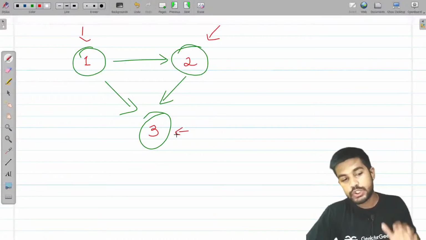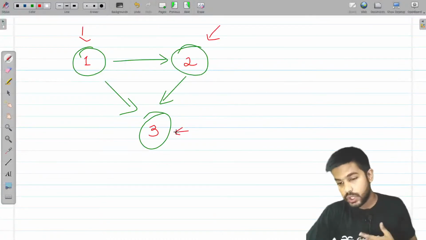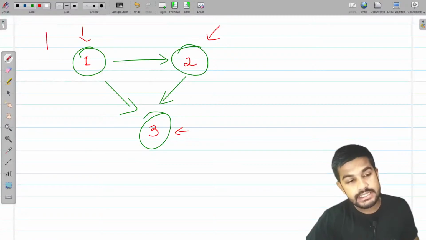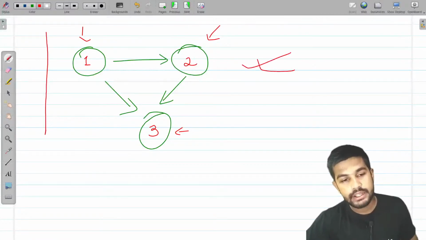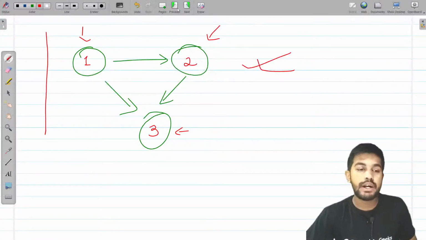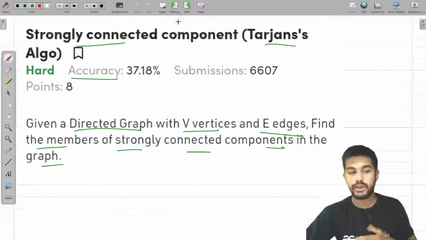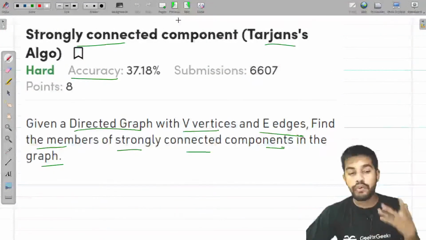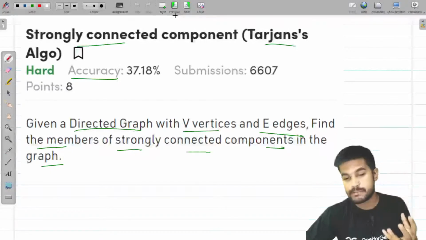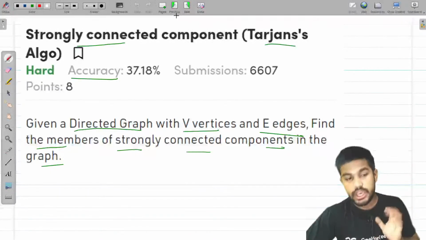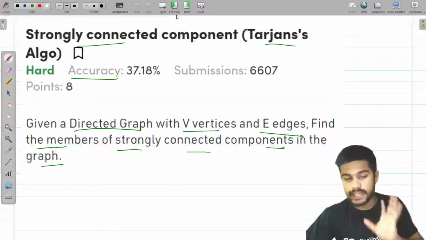From 3, I can reach any node, 1 and 2. So, this is a connected component. Do you have learned the meaning of connected component? Now you need to find the members of a particular connected component in the graph itself. And the graph given is a directed graph.